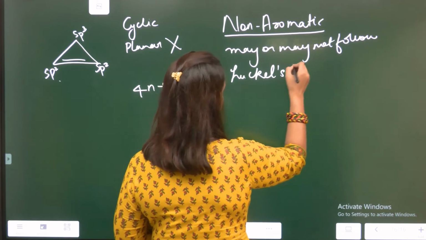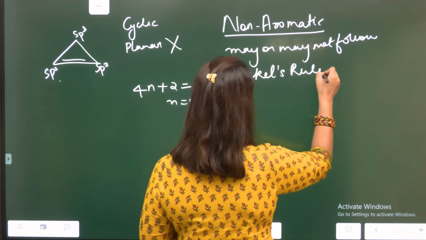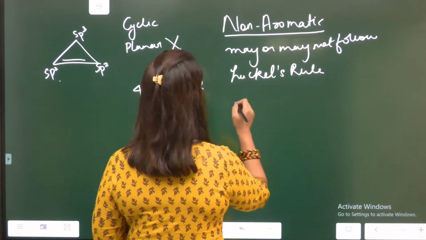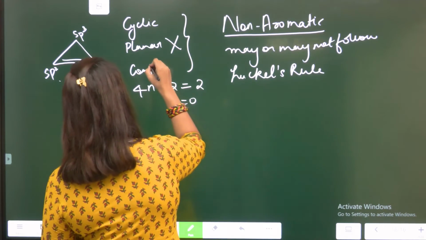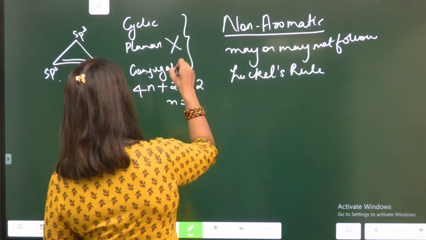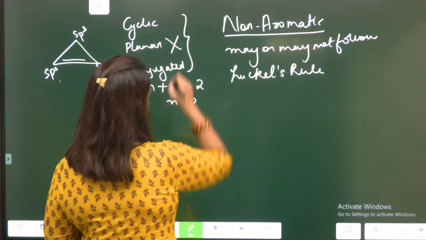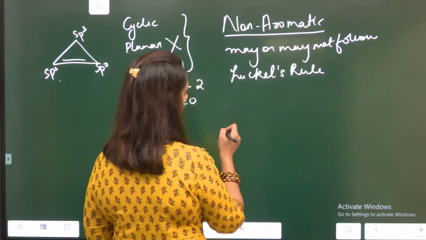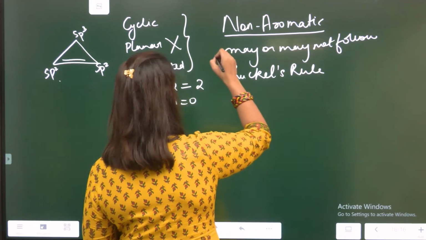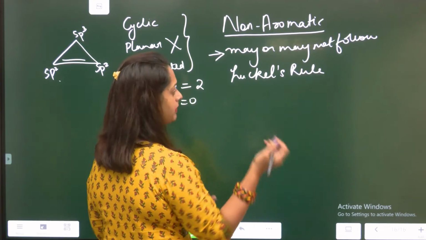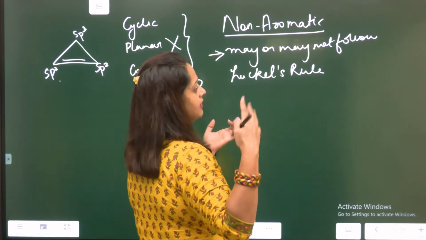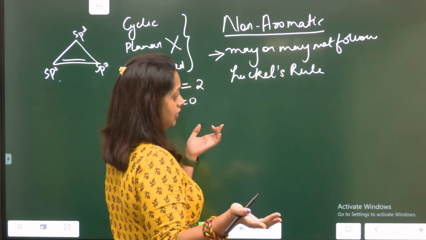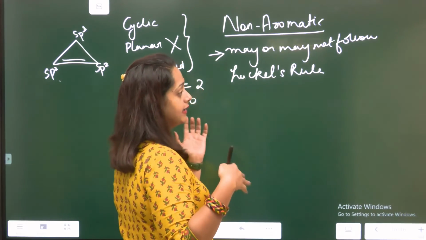It doesn't matter. If either one of the three conditions is not followed, then it is not aromatic. Here in this case, it is following Huckel rule. In some cases, it may not follow Huckel's rule. Then you might think that it's anti-aromatic.